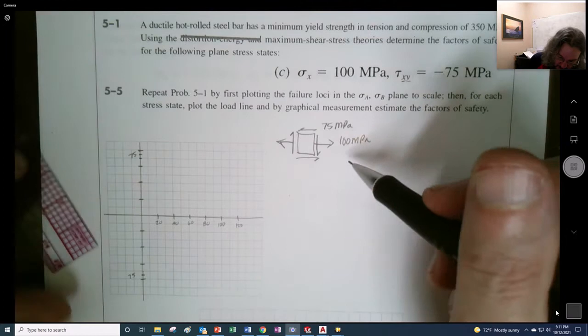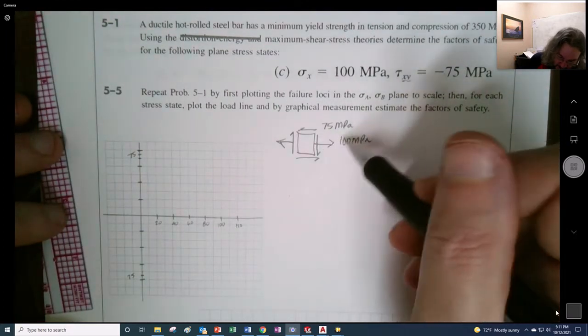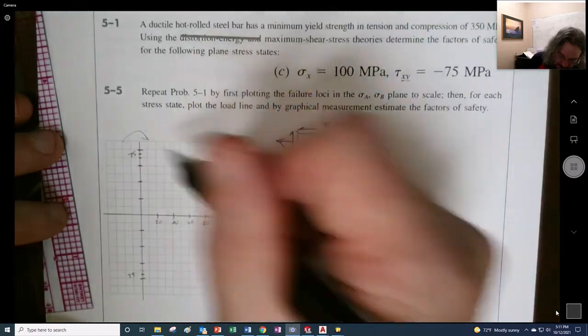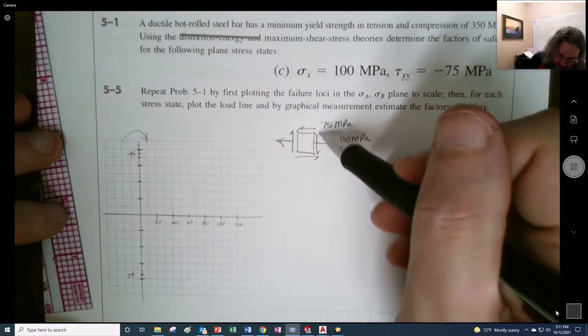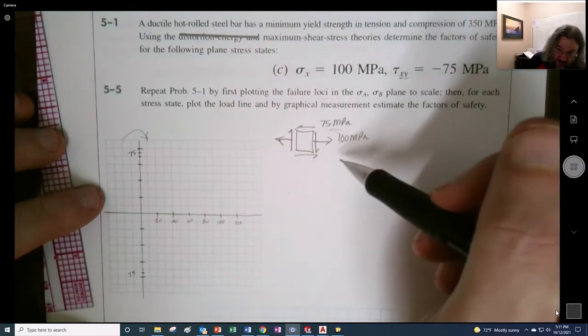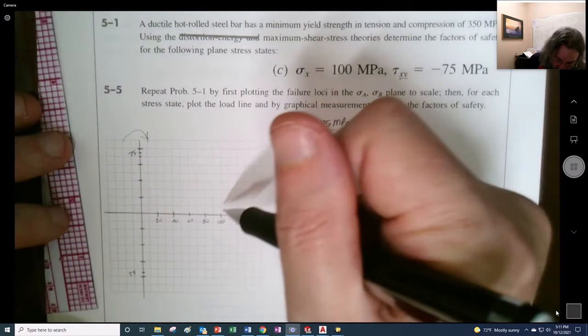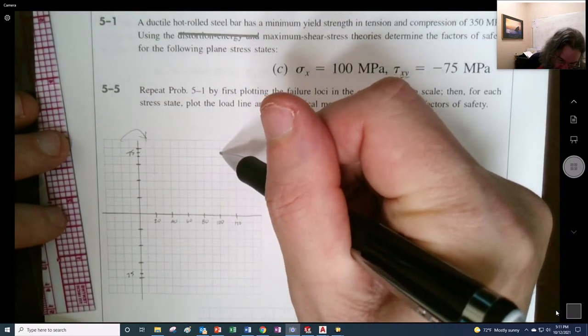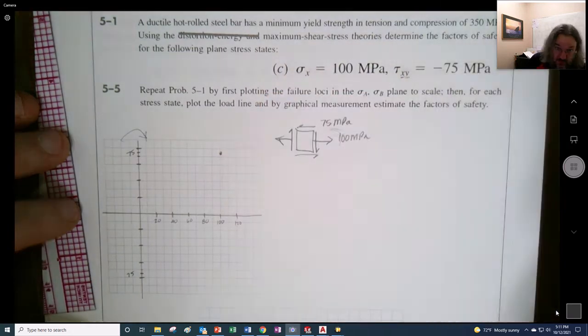So we have 100, and this face right here is going clockwise, so that's what we usually consider in the upper half when it comes to the shear. So we're going to plot out where 100 and 75 meet. Hopefully I did that okay.